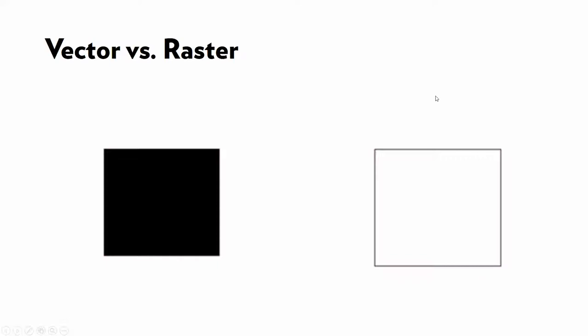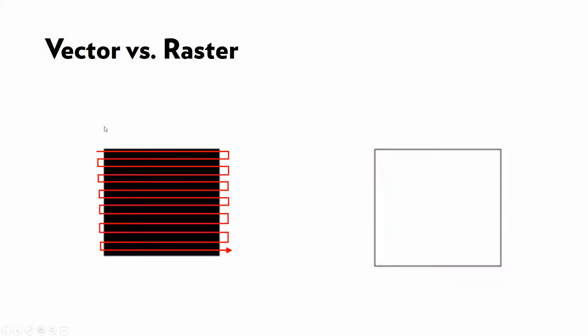So to show the difference between a vector and a raster, if we were to raster across this whole dark image, then the laser would have to travel all the way across it, much like a dot matrix printer. As opposed to rastering it, with a vector the laser just traces the line art that we've created with our vector file. So here we can see what the laser would have to do in order to etch or burn this image into wood or into plastic or lightly onto metal.